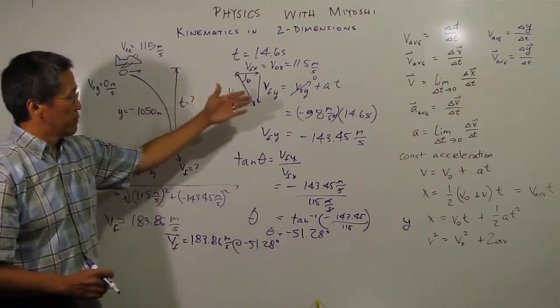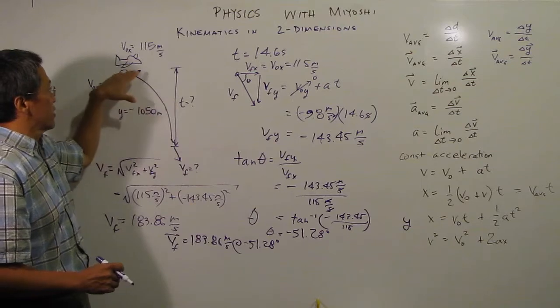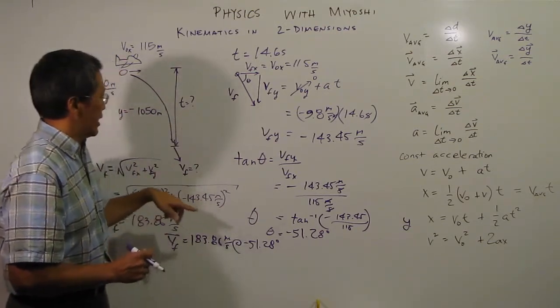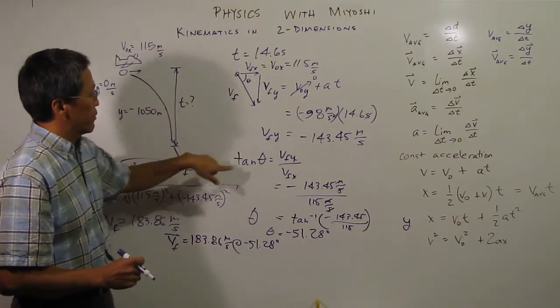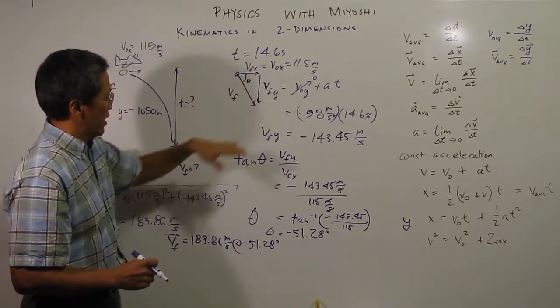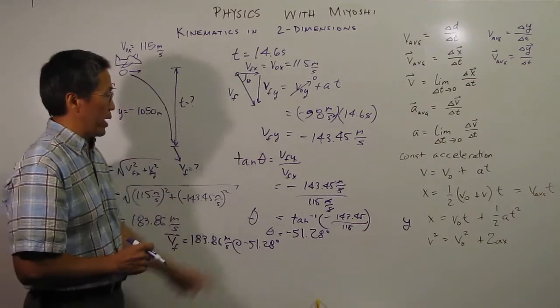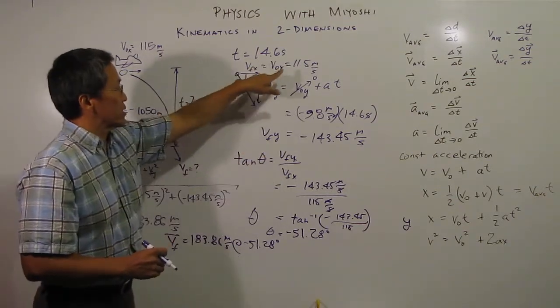Again, we used the vertical component to find our time, and then, knowing that time, we used a couple of other equations to find our final velocity in both the x and the y direction, knowing that the x is going to stay the same.